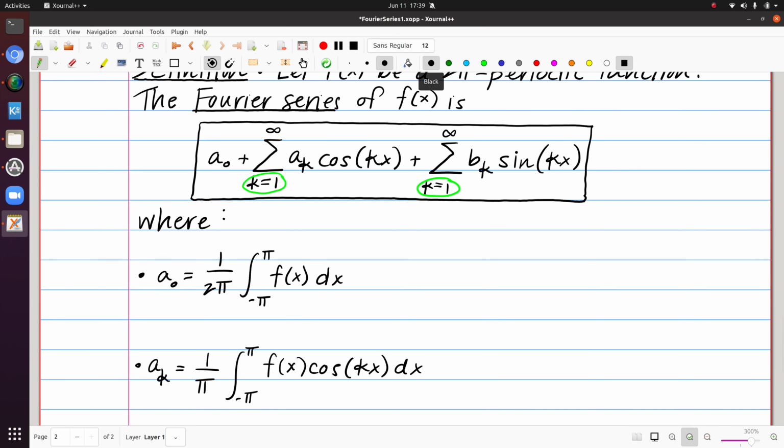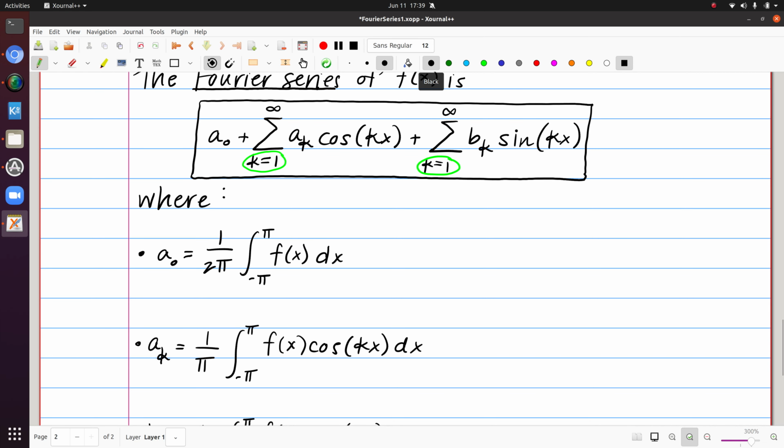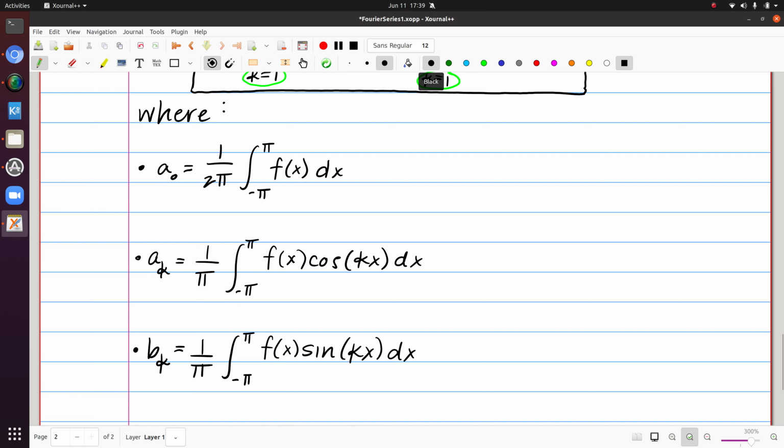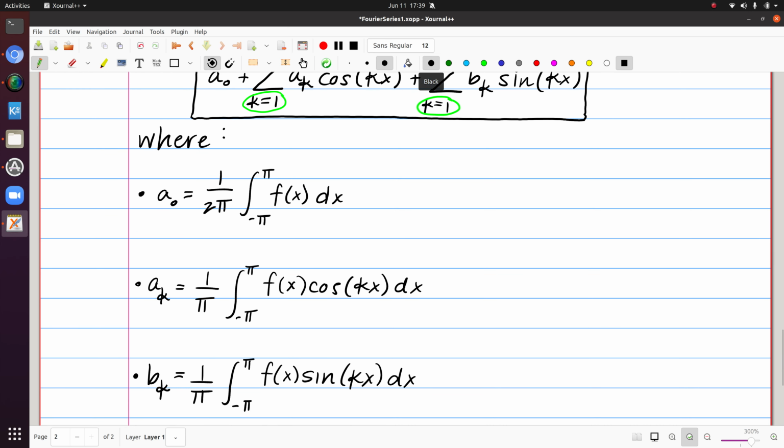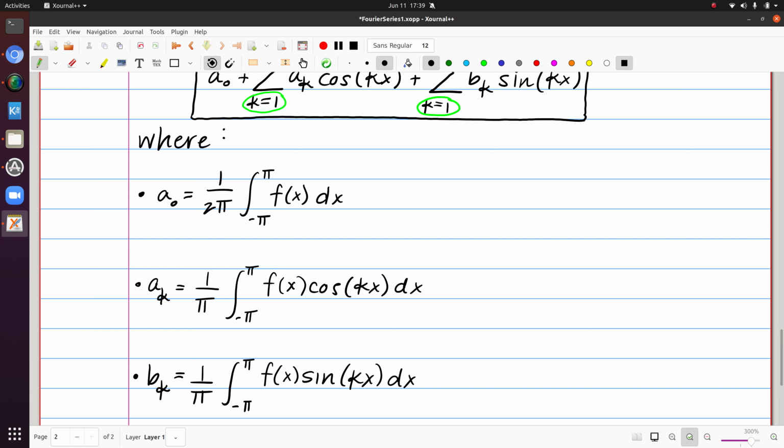And then what I need to define here is how we find the coefficients a sub 0, a sub k, and b sub k. Later, I'm going to talk about where these formulas come from, but at this point, I just want to write these down, and we're going to use them in another video to find a Fourier series. So here are my formulas, and a couple things to notice. The a sub 0 is the only one that has this multiplier of 1 over 2π, and a sub k and b sub k have only a multiplier of 1 over π.